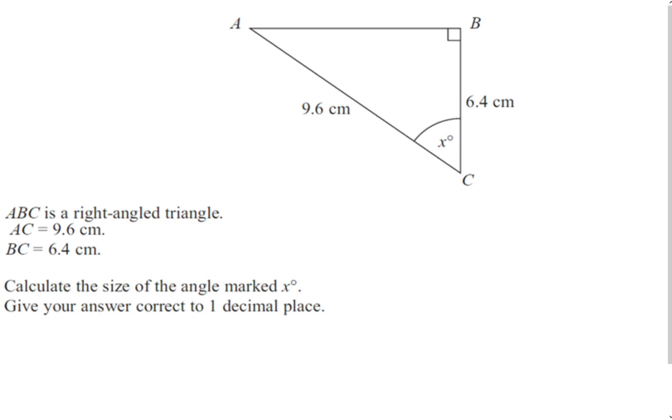Okay, ABC is a right angle triangle. Well, that gives you a clue. It's to do with trigonometry. So again, side opposite my right angle is my hypotenuse. Side opposite my angle is my O, and that's my A. Calculate the size of the angle marked X. We've got the A and we've got the H. So we're going for cos.